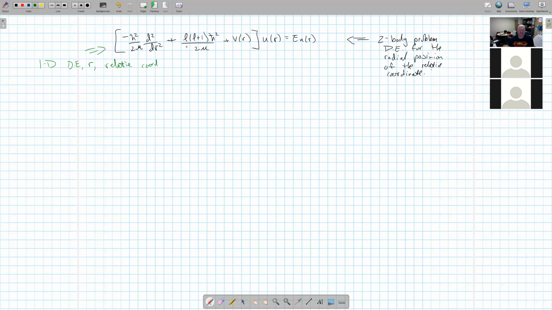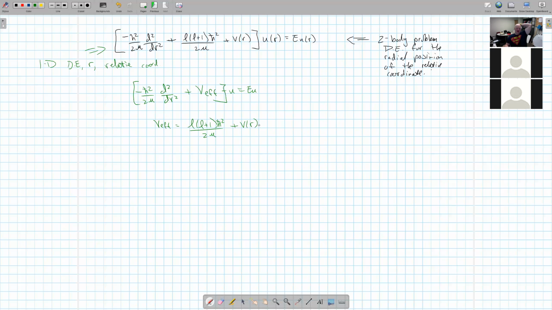So we can write this as minus h bar squared divided by 2 mu times the second derivative with respect to r plus some effective potential, all acting onto u, equal to the energy times u, where our effective potential is equal to L times L plus 1 times h bar squared divided by 2 mu r squared plus V of r.